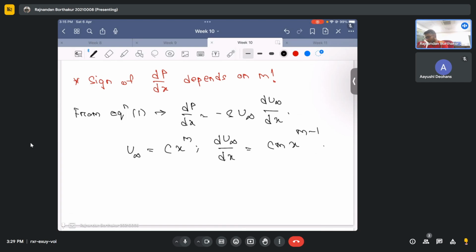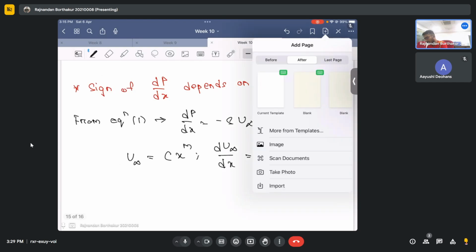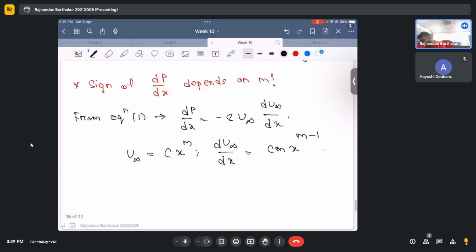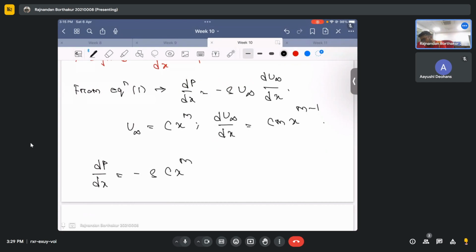Then I substitute these values here, and let's see what we get. This becomes dp by dx equal to minus rho, u infinity is c times x to the power m, and du infinity by dx is c m times x to the power m minus 1.